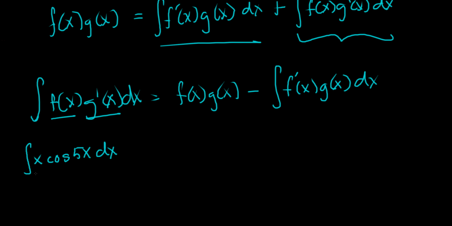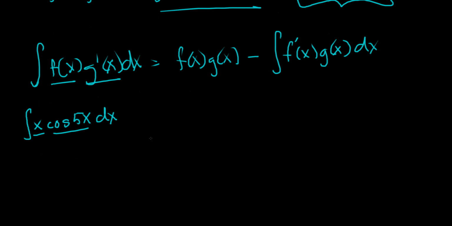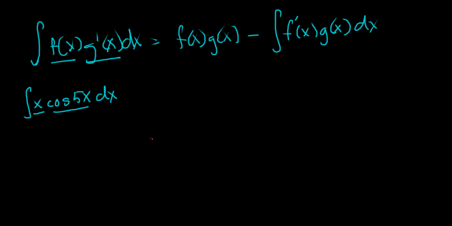If we take x to be our f of x and cosine of 5x to be our g prime of x, we will be able to solve this integral, because if cosine of 5x is g prime of x, we know how to find g of x simply by integrating cosine of 5x, which we know how to do. It's a single function. And so we will be able to solve this using integration by parts.